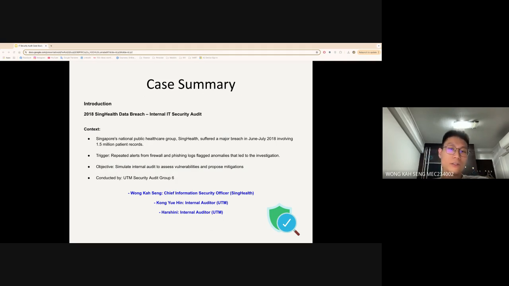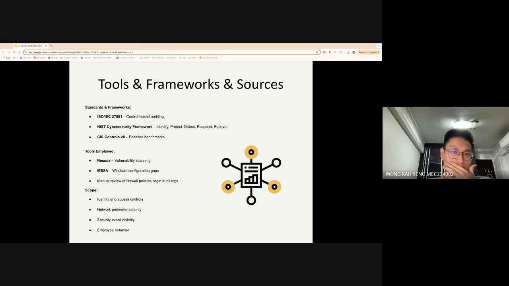They will walk us through the technical findings and recommendations of their cybersecurity audit. I'll be contributing from a CISO point of view to provide context, challenges, and the overall Seng Health response since the breach.